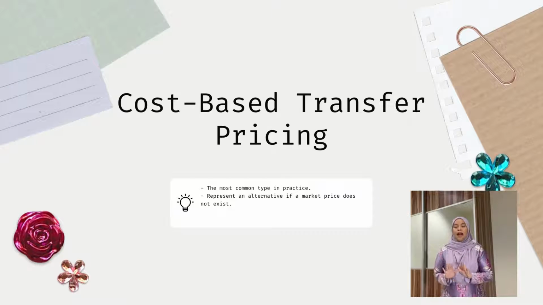Cost-based prices are the most common type in practice because they represent an alternative if a market price does not exist. Lack of market price might occur because the transferred products use patented designs owned by the parent company.